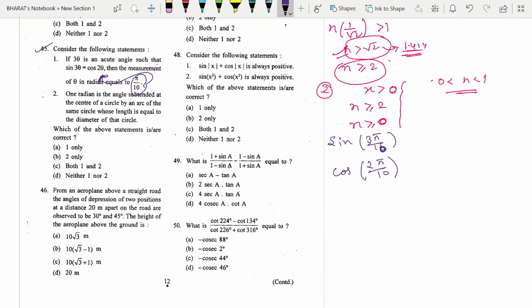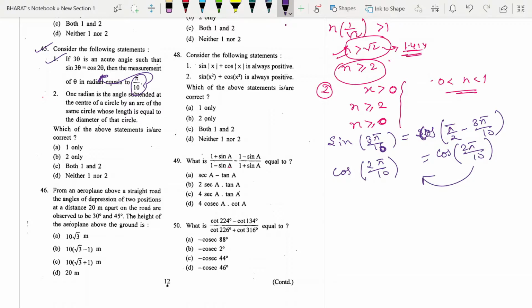For finding that, we can write sine as cos of pi by 2 minus 3 pi upon 10. Can we? Yes, we can. So it can be written as cos of 2 pi upon 10. This is correct. We are getting the same equation. So this equation is correct.